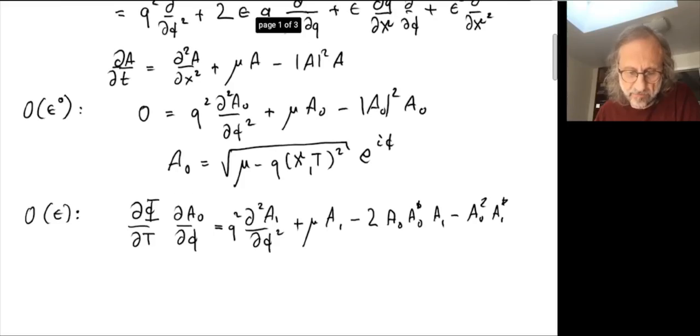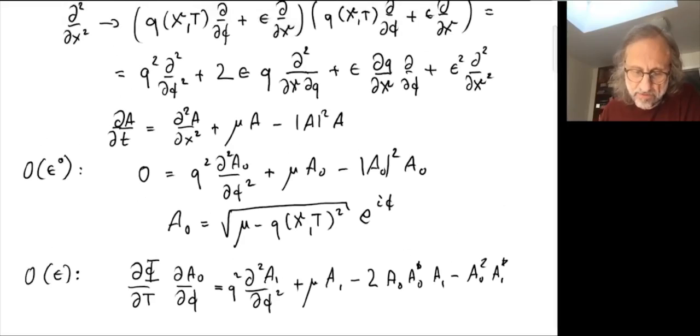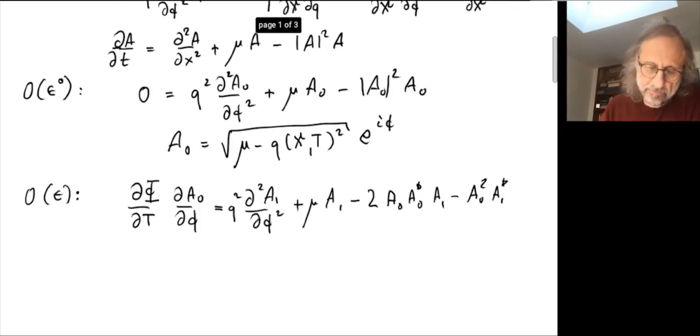And so now the stuff with A0, which comes from the derivative at order epsilon. So that's these two terms. So let's put that down.